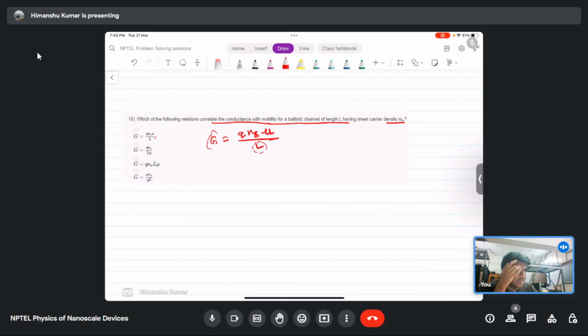But if we derive for 2D when we consider generalized transport, then this conductance is dependent on the length, it's not independent of the length. So the correct answer is the first one. For the detailed derivation, you can refer to the class. I think this class or the previous class it was derived properly.